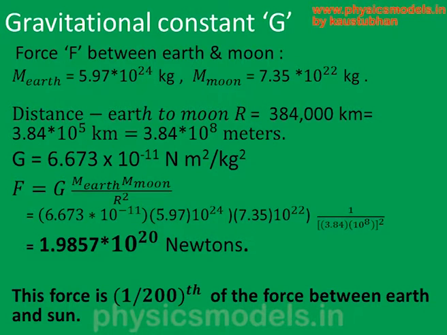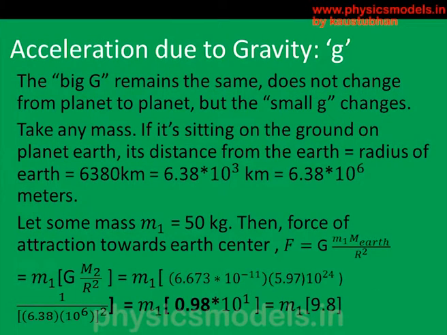When you do that, you'll get the force of attraction as 1.9857 into 10 to the power 20 newtons. Here again the gravitational constant G is really constant. It doesn't change. So using this gravitational constant, we can find the force of attraction between a planet and a comet, a moon and a comet, and so on.